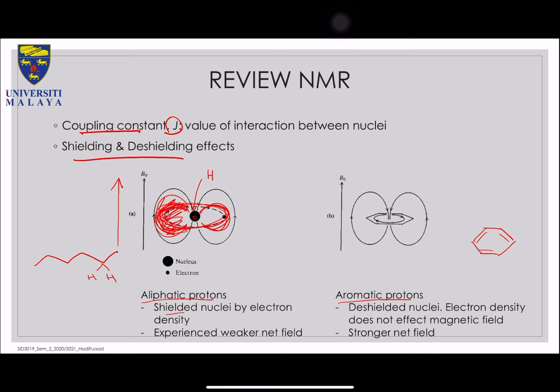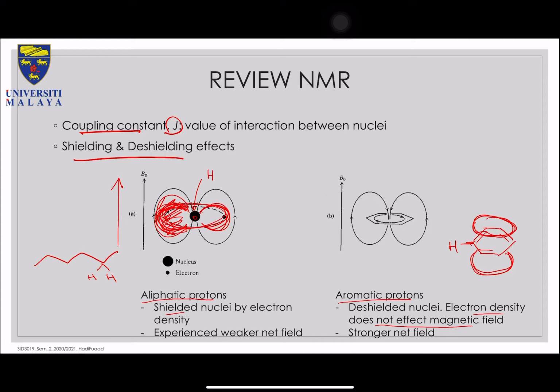However, if you look at the more aromatic structure, you have the electron density going around above and below the aromatic molecule. So the protons at the side of the molecule, the aromatic protons, are deshielded nuclei, meaning that they will experience a stronger net magnetic field, because the electron cloud density does not hinder the magnetic field of the NMR.